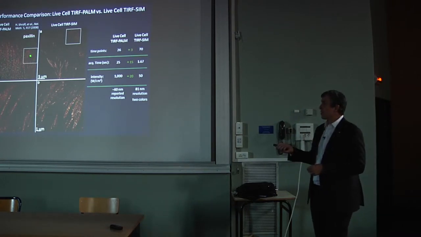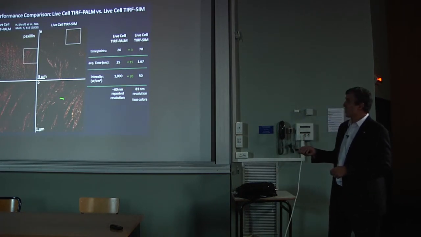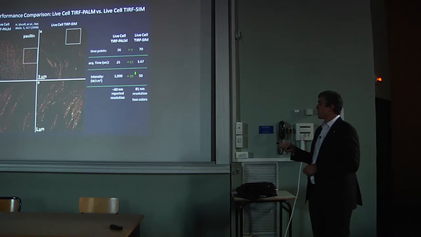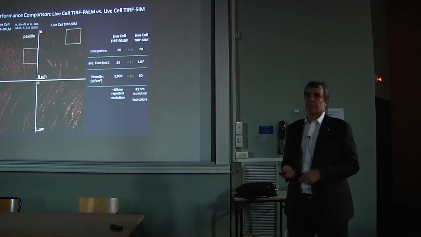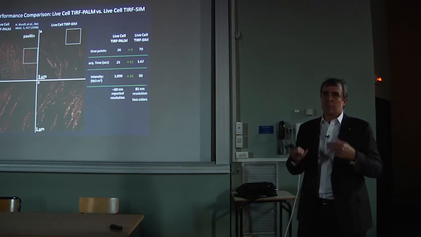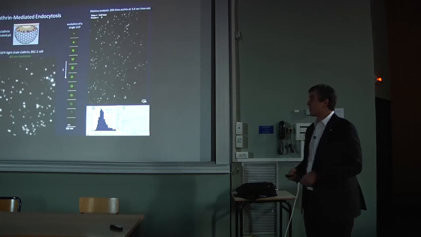In that case, again, we looked at focal adhesions, reported about 60 nanometer resolution as you see here. But the 81 nanometer resolution we have here isn't all that different, yet we were able to take 3 times as many images with the SIM, 15 times faster, and with 20 times less intensity on the cell. So comparable resolution and a lot better metrics in terms of live imaging.